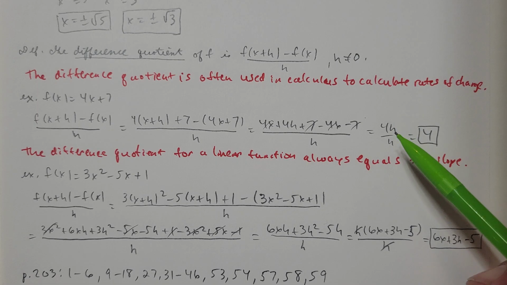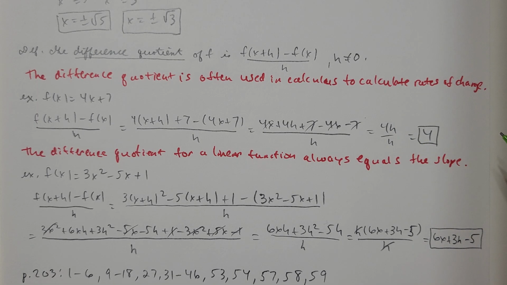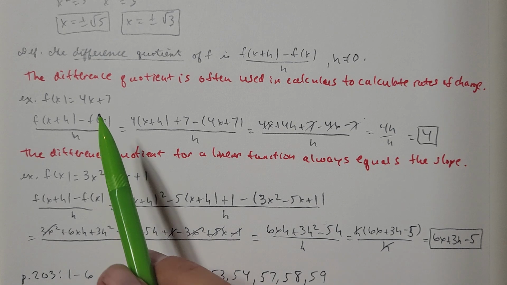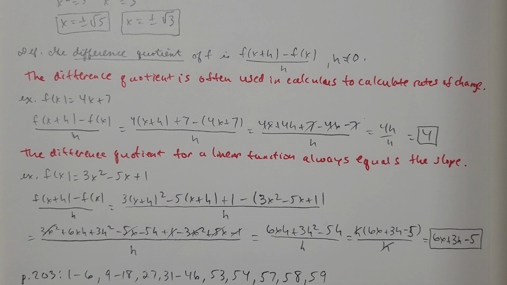And that's going to leave me with 4h divided by h. h over h, those are gone. So the answer is 4. Now I have a linear function. We did things with linear functions in chapter 2. The difference quotient for a linear function is always going to be equal to the slope.